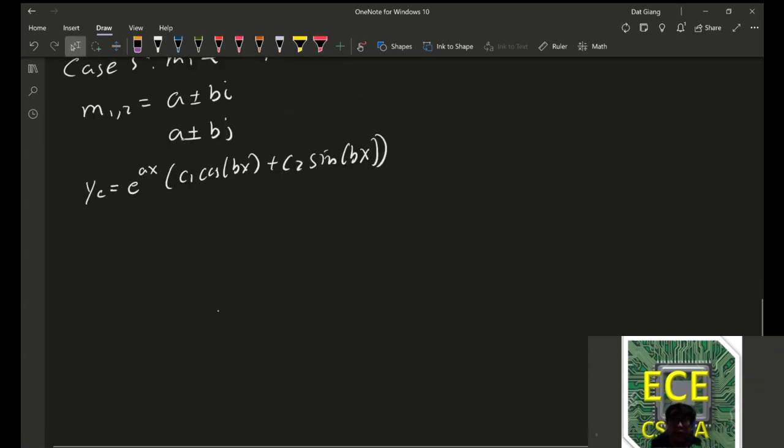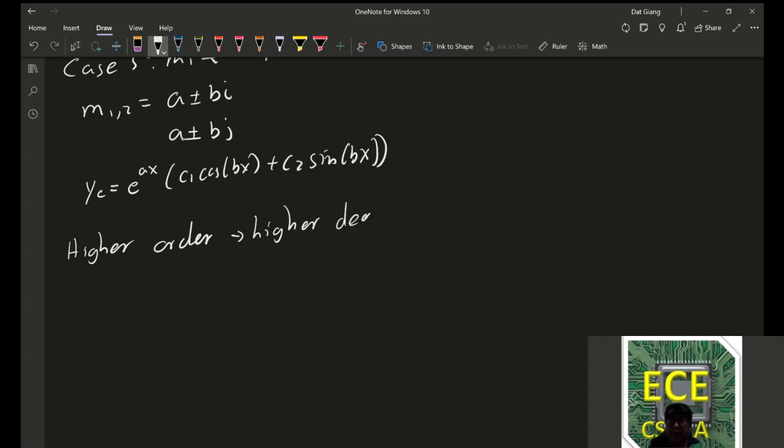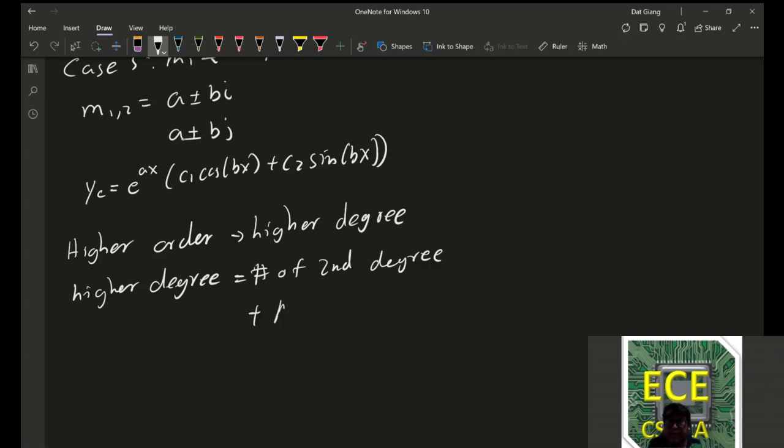Now, just in general, higher order is similar to higher degree in terms of its behavior. Because what this is actually saying is that higher degree is always some number of second degree factors plus some number of first degree factors.